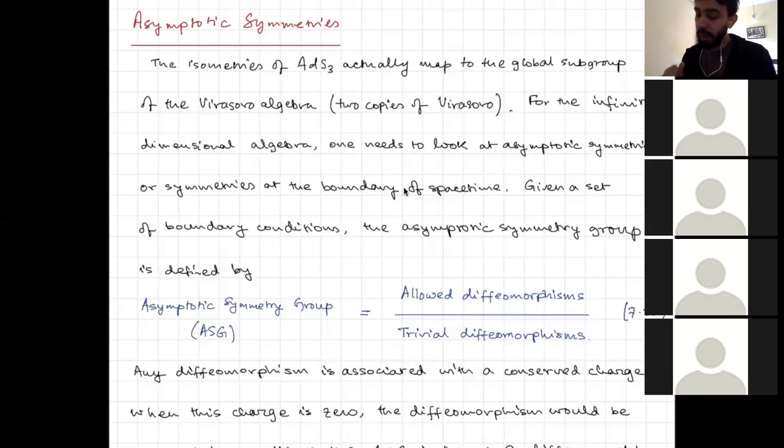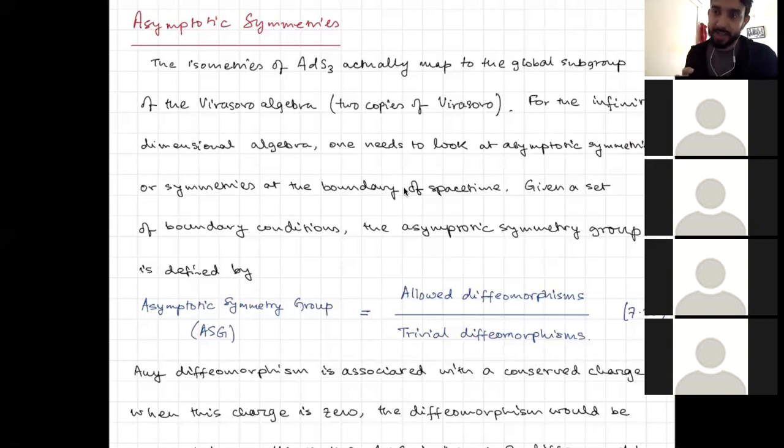So now the asymptotic symmetry group is the set of allowed diffeomorphisms modulo the set of trivial diffeomorphisms. Now, what do I mean by this? Any diffeomorphism is associated with a conserved charge. When this particular charge is 0, these diffeomorphisms will be called trivial diffeomorphisms.